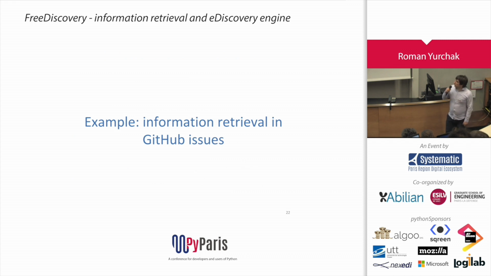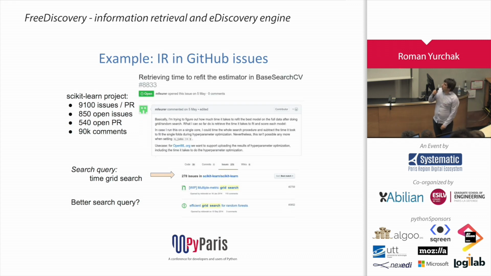So I will just illustrate this quickly on an example of information retrieval on GitHub issues. I'll take as an example the scikit-learn project, which currently has 9,000 issues and approximately 90,000 comments. If you want to find anything in there, well, there's the GitHub search, of course, but the question was whether we can do something more efficiently.